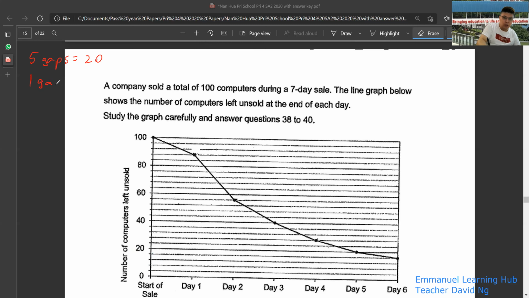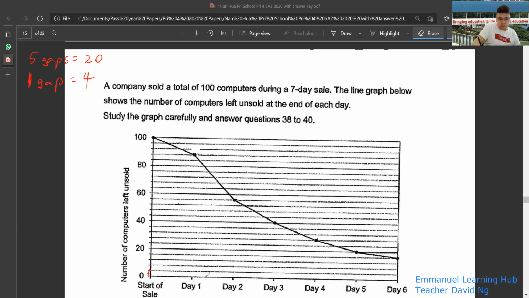Each gap would be 20 divided by 5. That's equal to 20 divided by 5 is 4. So each gap is 4. So you know now each gap represents 4, right?